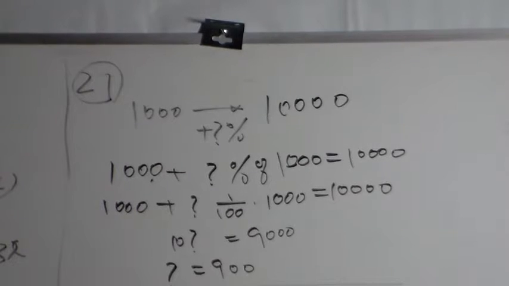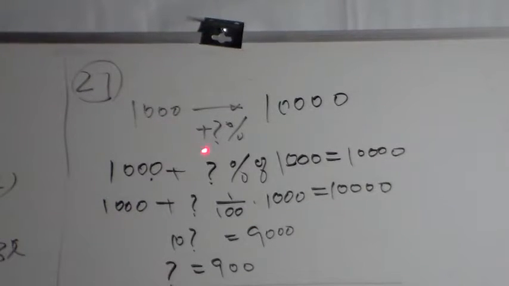The art dealer bought for $1,000 but resold for $10,000. So what percent increase? We turn this sentence into an equation. 1,000 plus what percent of 1,000 will be 10,000. So we rewrite it: 1,000 plus the question percent, percent value is 1 over 100, of means times 1,000, equals 10,000.